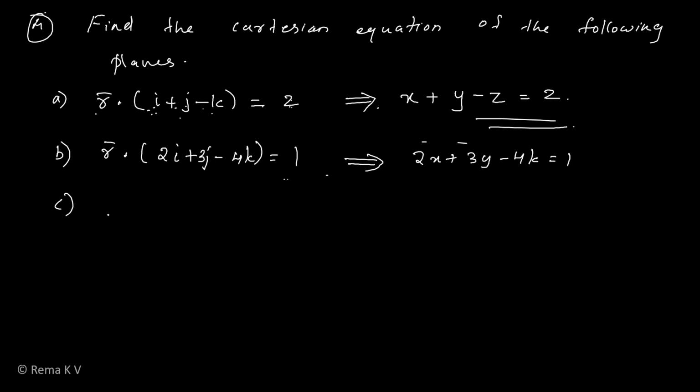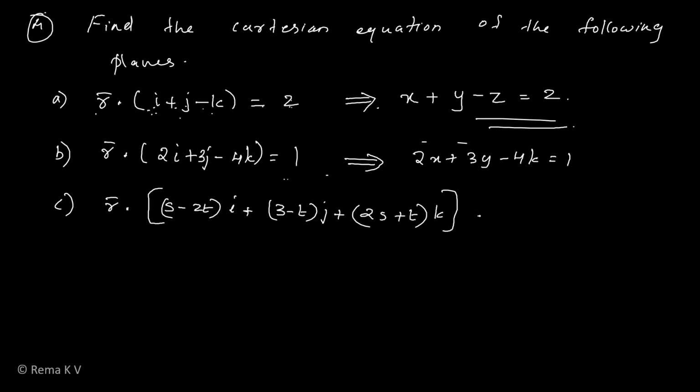Try one more question. r dot (s minus 2t) into i plus (3 minus t)j plus (2s plus t)k, which is equal to 15.